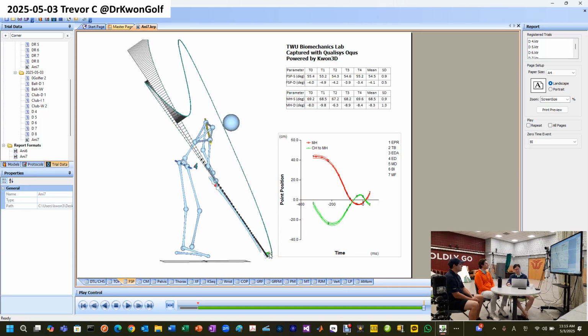Last time the club head was pretty much going this way here, and this also went below the swing plane quite a bit. But now this is still a steep path, but not as steep as the last time. And this is not going too much here. But still you have a reverse spiral pattern here. So on the way down, the club head actually goes below the swing plane here.